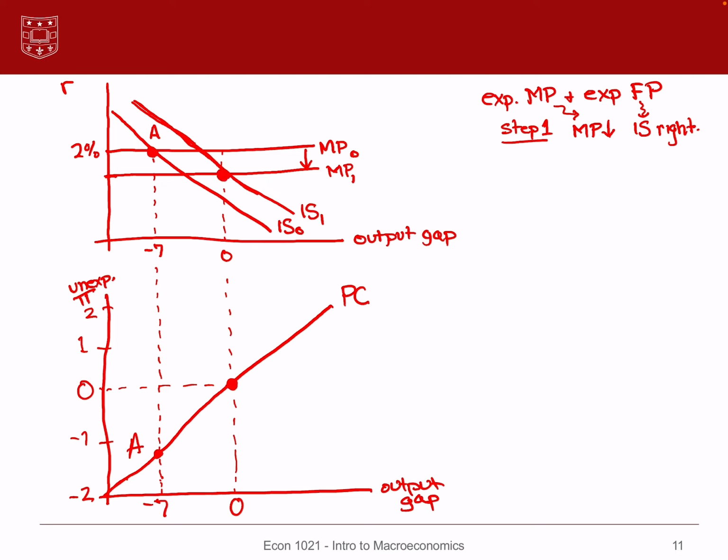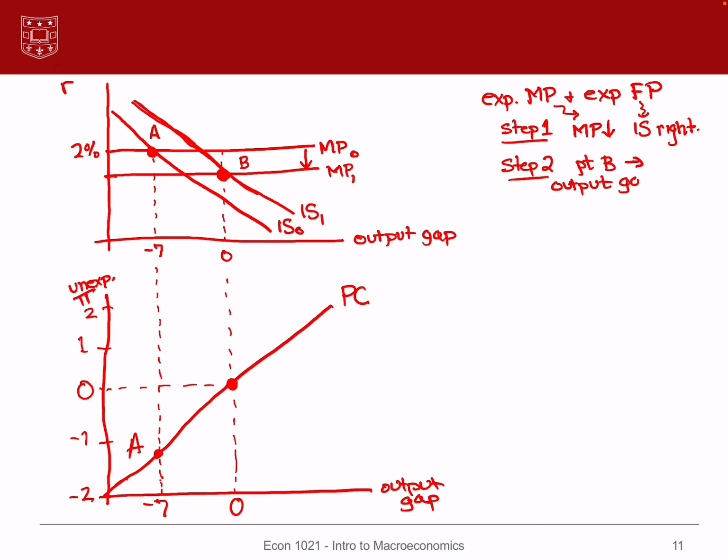Use a big dot. And then what we're talking about is a movement from point A to point B. So step 1 shifts the curves. Step 2, look for the output gap. Point B is telling us about the output gap.